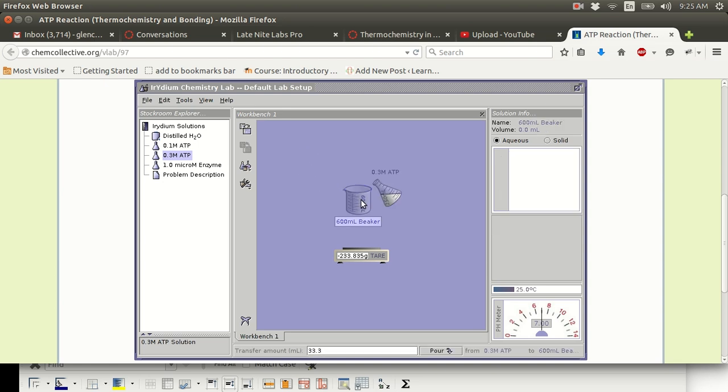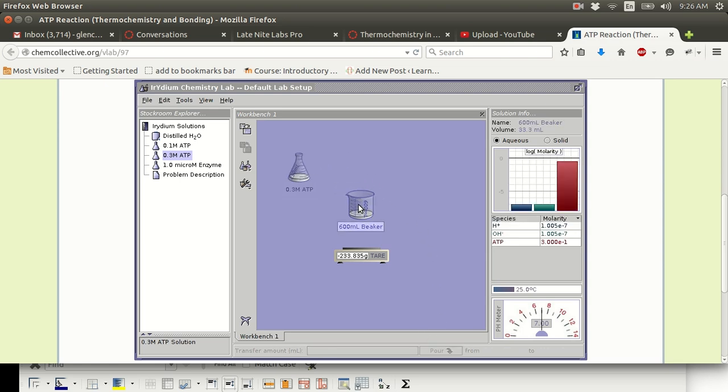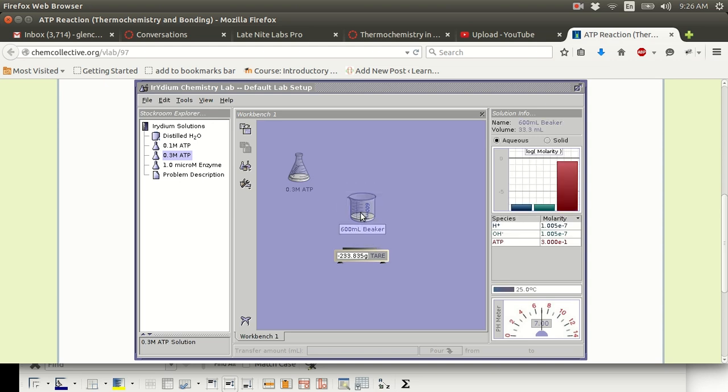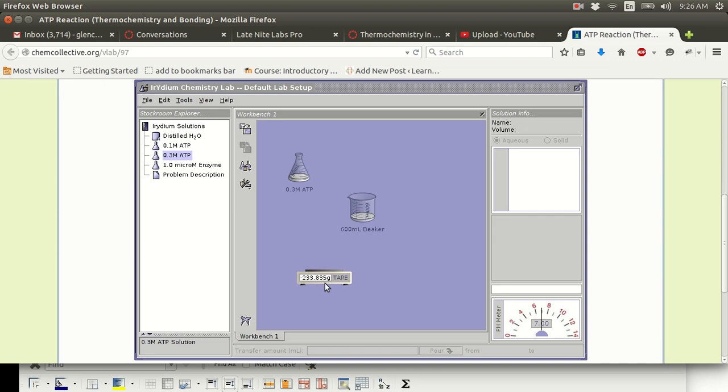Let me try 33.3 milliliters. Okay. And then you'll be able to use the scale on this. Now, the reason why this is a little weird is because you cannot do the same thing with other beakers. To make this simple, each empty beaker in this lab, strangely enough, weighs a different amount.